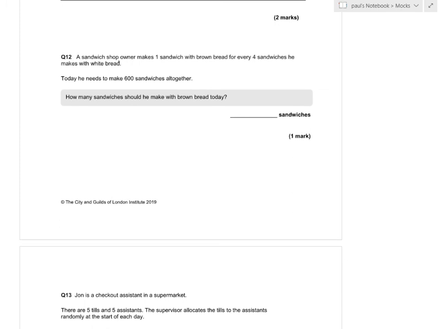A sandwich shop owner makes 1 sandwich with brown bread for every 4 he makes with white. So it's a 1 to 4 ratio. So 1 plus 4 equals 5. So the total is 5 parts. How many should he make with brown bread?